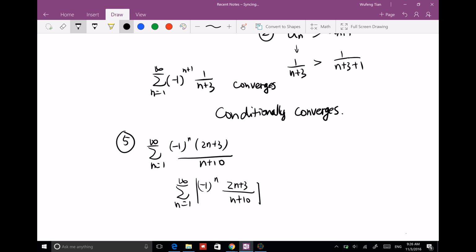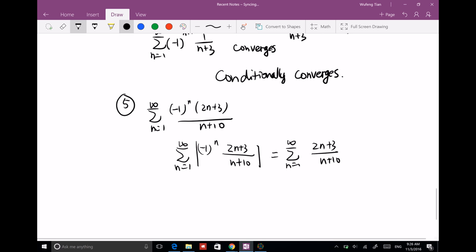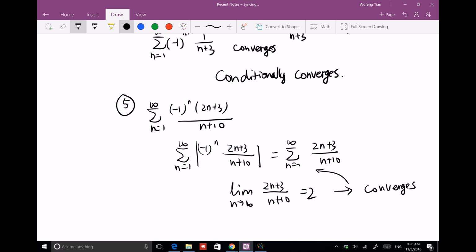So you say this one equals the series n equals 1 to infinity, 2n plus 3 over n plus 10, right? Yeah. And then you say the limit as n goes to infinity of 2n plus 3 over n plus 10 equals 2, so this converges, right? Is that what you said? The series converges.